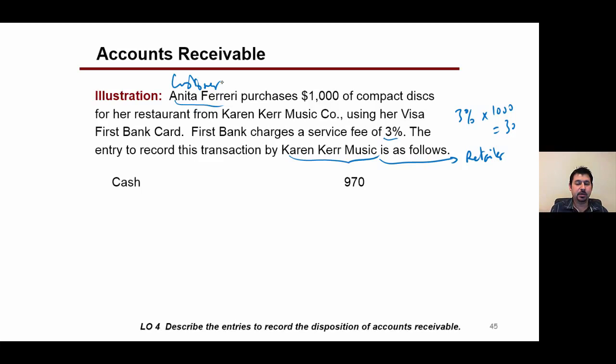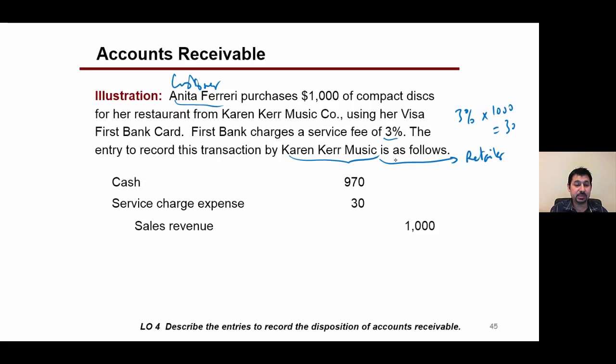The bank will charge the retailer; the bank does not charge the customer. So Karen Kerr Music will make the following journal entry: a debit to cash for 970, a debit to service charge expense of 30, and then the credit is sales revenue.